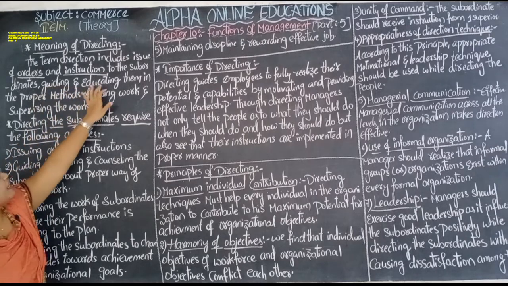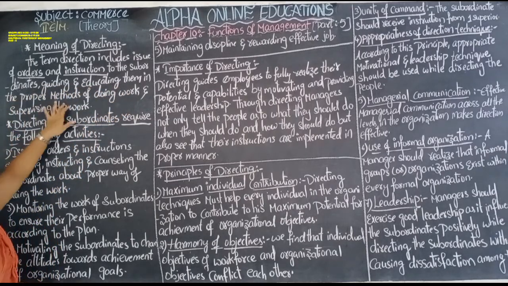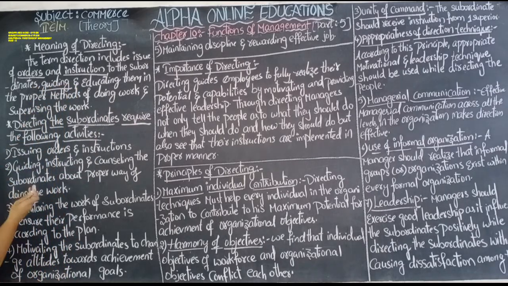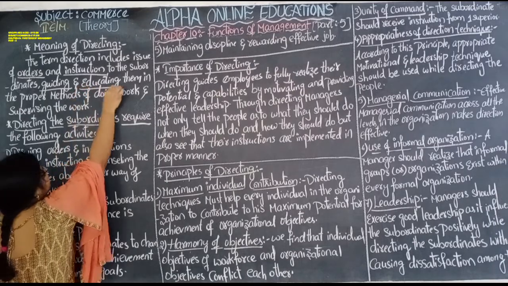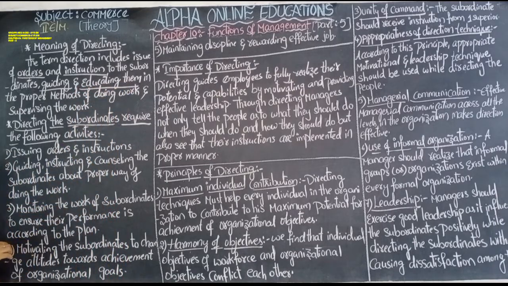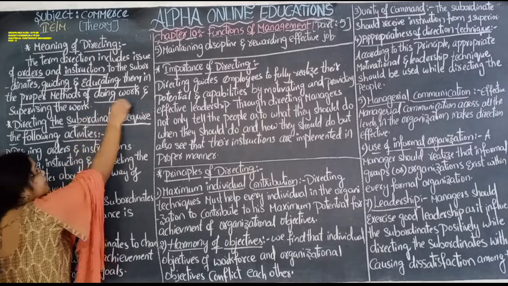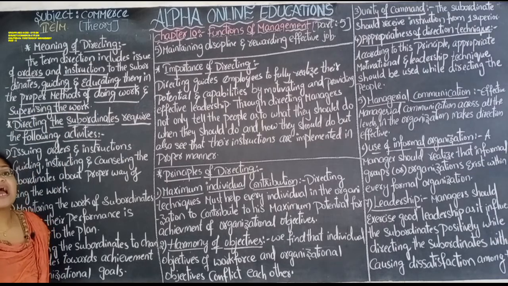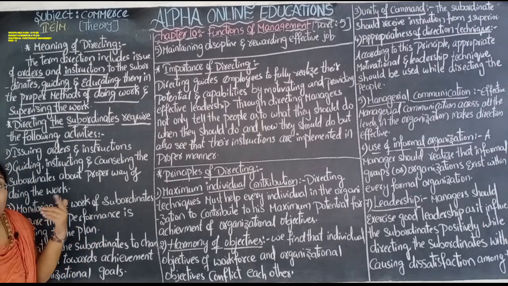Guiding and educating them in the proper methods of doing work. So what the superiors will do is provide guidelines and educate the subordinates in proper methods, so that the subordinates can do the work, and the superiors will supervise.